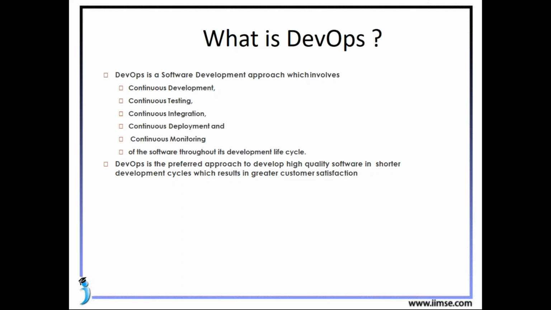They take end-to-end responsibility for the application software, right from gathering requirements to development, testing, infrastructure deployment and application deployment, everything. The developers, system admins and QA testers all work in a collaborative team.